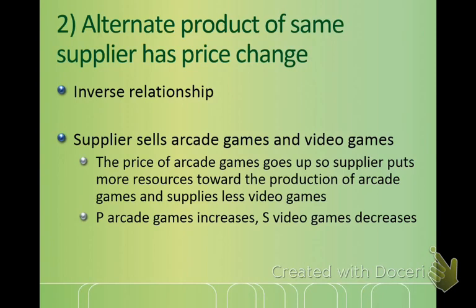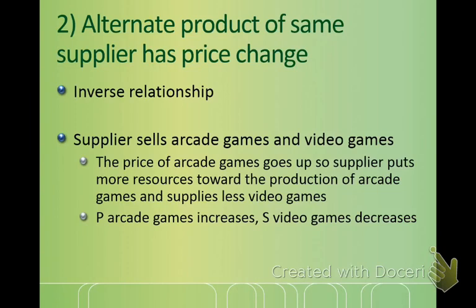Here's the example. A seller supplies arcade games and video games. The price of arcade games goes up. They are coming back. I just read an article about that. People are going back to the old arcade games, where you're actually playing on a machine.